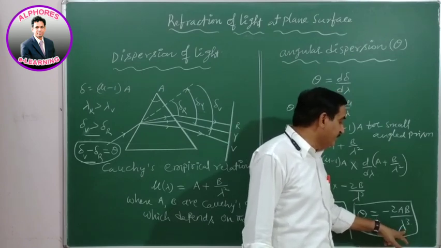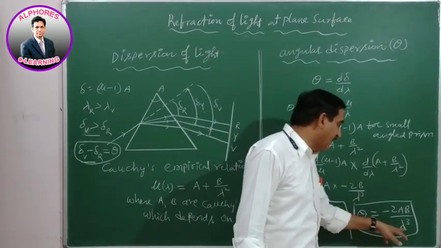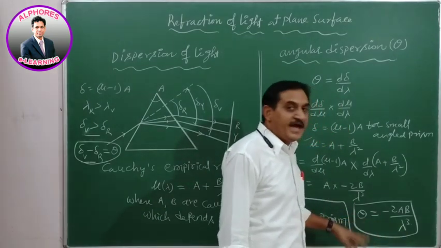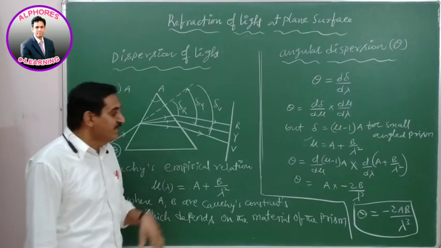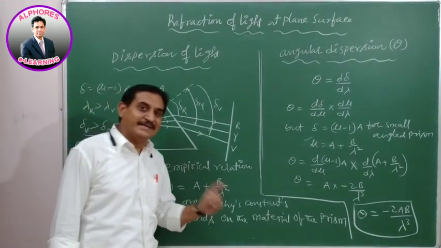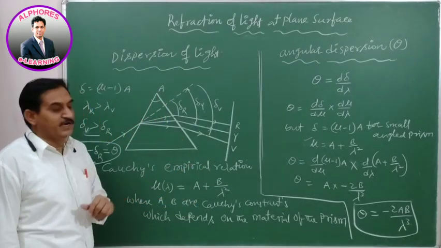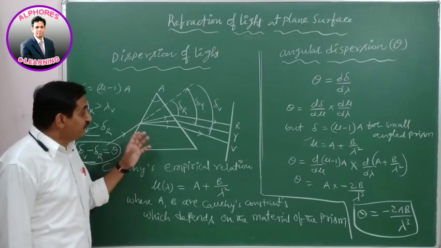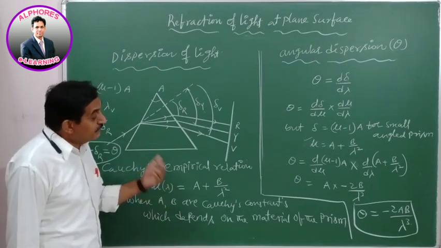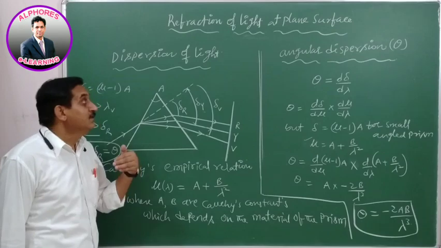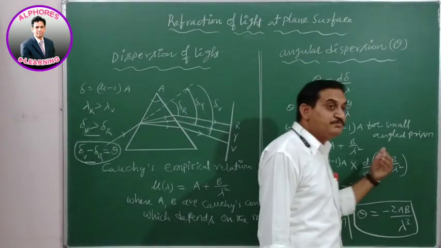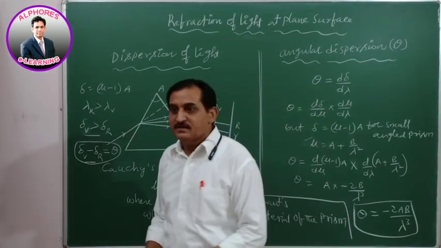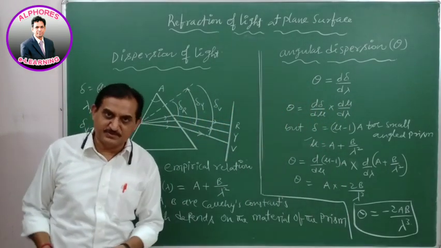Violet has a smaller wavelength, therefore angular dispersion is greater for violet and smaller for red color. This is the proof of how different colors get different deviation and angular dispersion depending upon their wavelengths. Okay. Next, let us go for another concept.